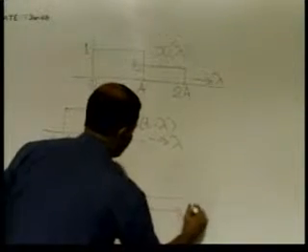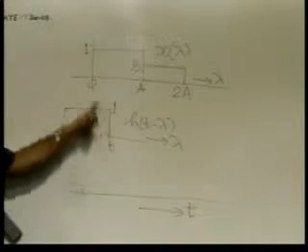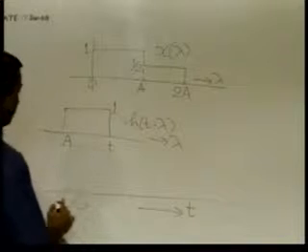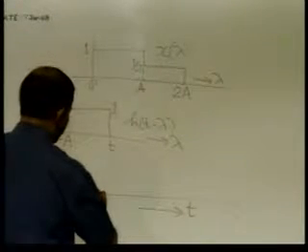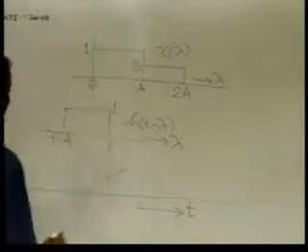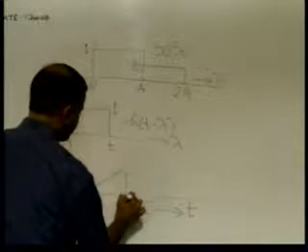Convolution of course is a function of t. Now again with the same reasoning, for t less than 0 there is no output. The output begins at t equal to 0. It rises as a straight line up to the point t equal to a and takes the value of a at t equal to a.